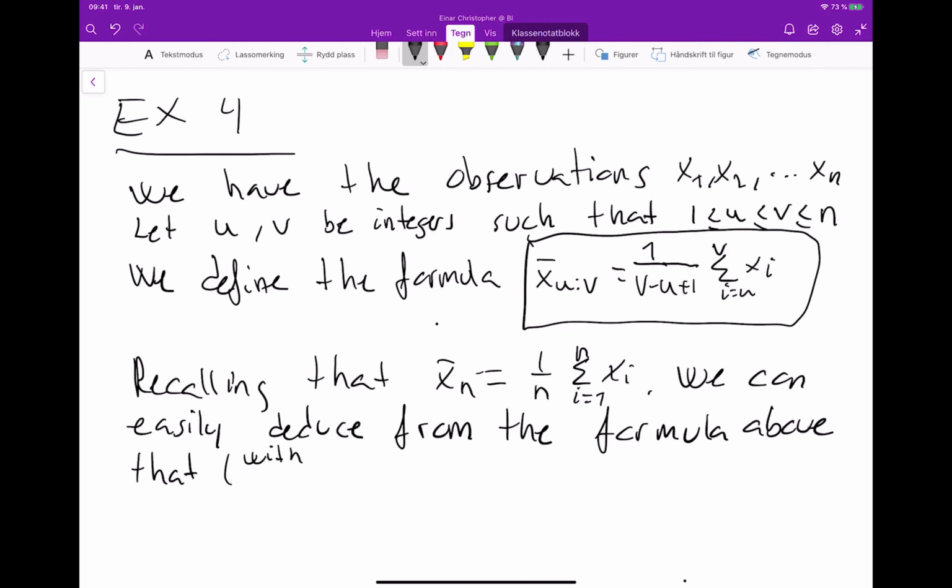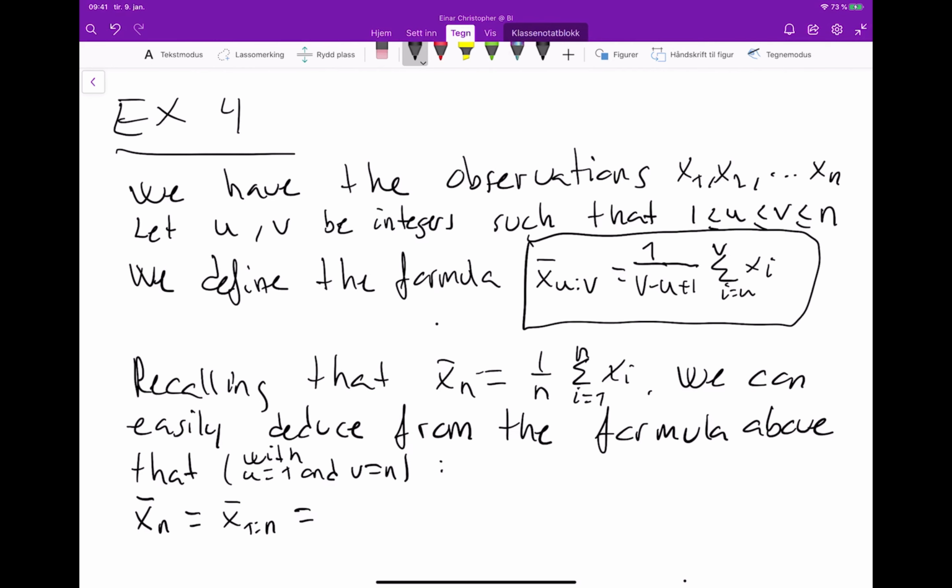with u equal 1 and v equal n, xn bar is actually the same as x bar 1 colon n.